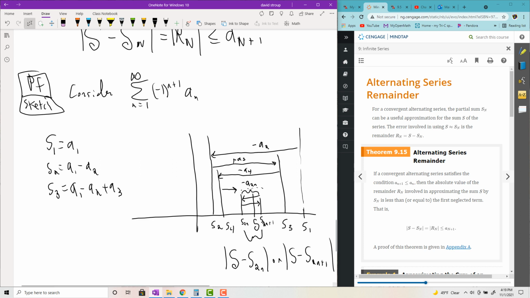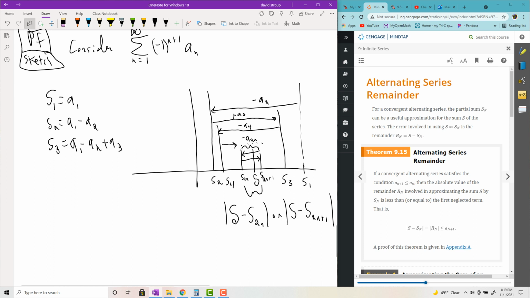So for s minus s sub 2n, that distance, which is, let me put it in blue, this distance right here, that is definitely less than a sub 2n, right? And not only that, it's less than a sub 2n plus 1, because that next term in line is going to take you from here over to here.